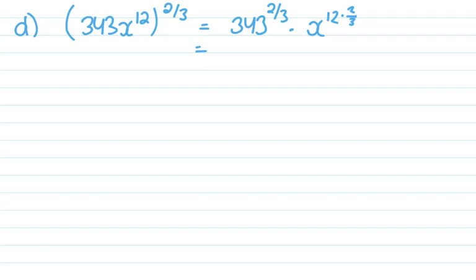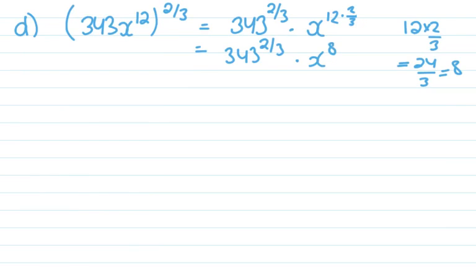So that leaves me with 343 to the power of 2/3 times x to the power of, so I have 12 times 2/3 is 24/3 is 8, so x to the power of 8. Now, 343 to the power of 2/3 is the same as the cubed root of 343 all squared times x to the power of 8.